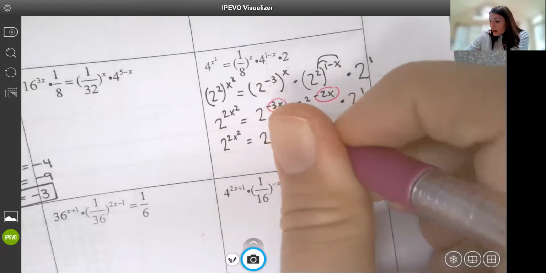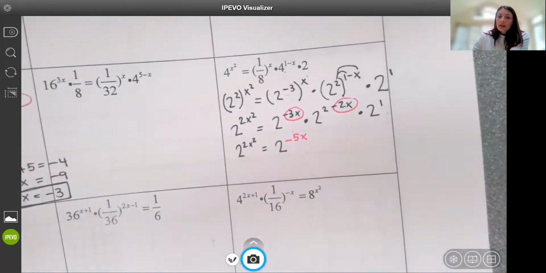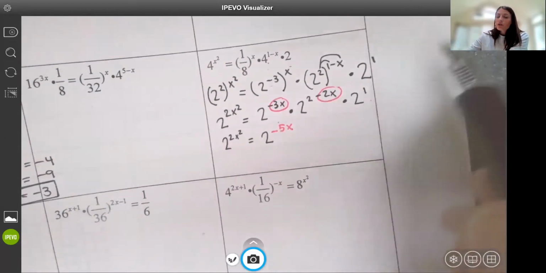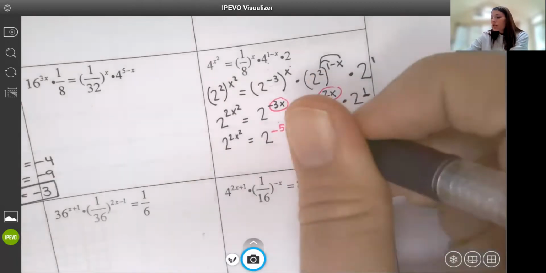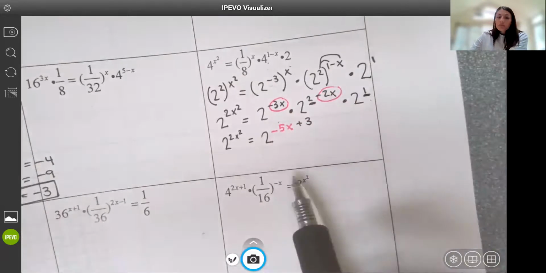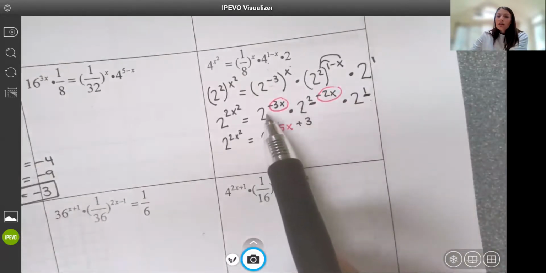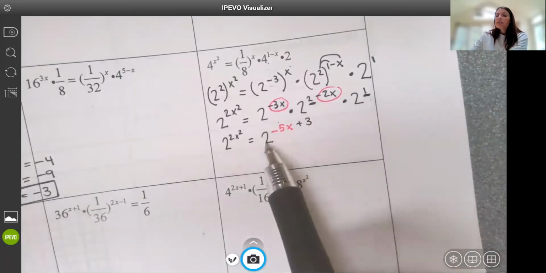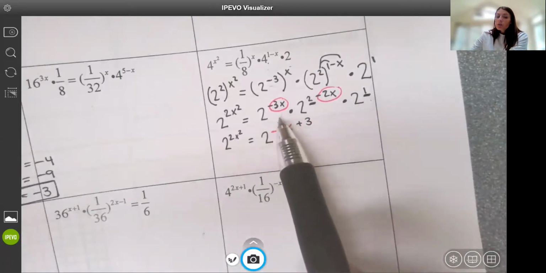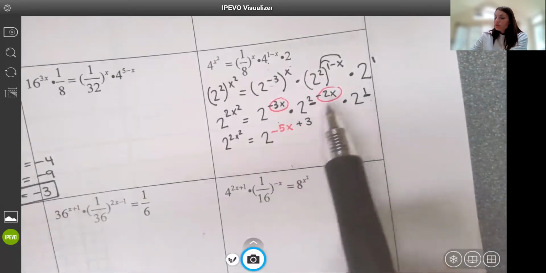So I have -5x altogether. And this is why I wrote it as 2 to the 1st. And then I have 2 and 1 for my constant term, so I have +3. So what I've taken is these 3 powers, and I've condensed it down to 1 power using properties of exponents and just adding my exponents together.